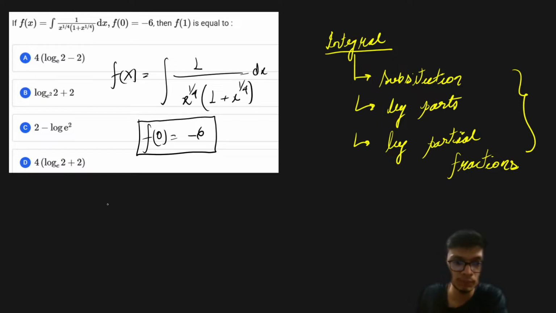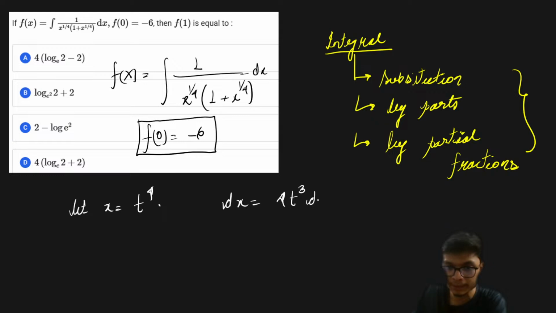So let us assume x to be t to the power 4. Now if I assume x to be t to the power 4, then my dx is going to be equal to 4 times t cube dt.